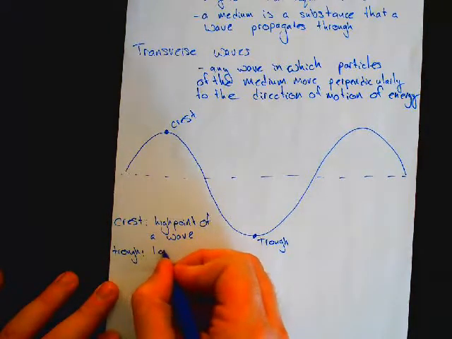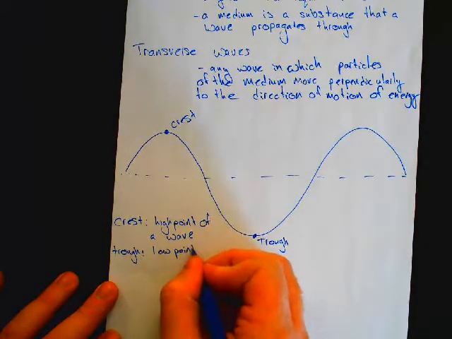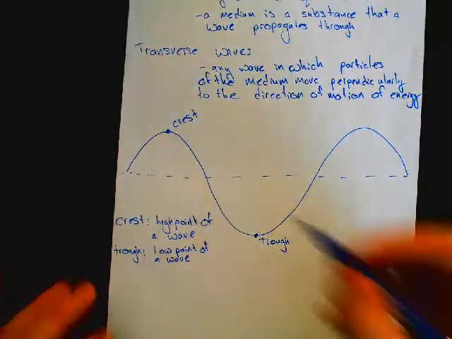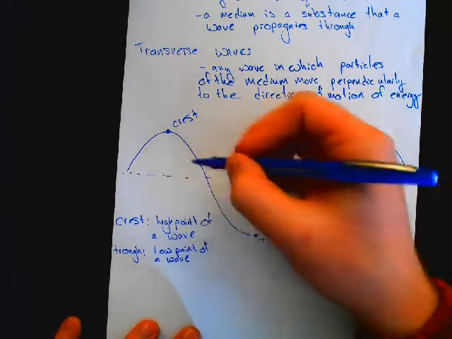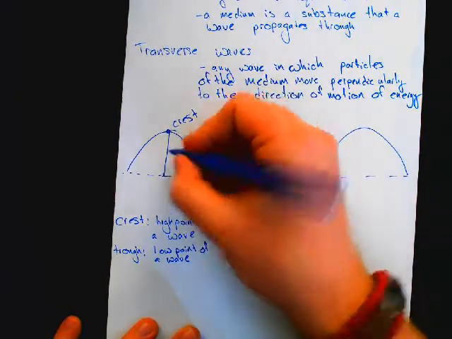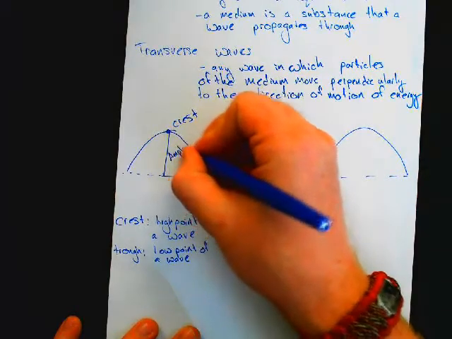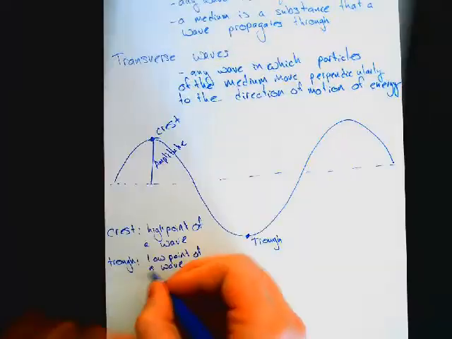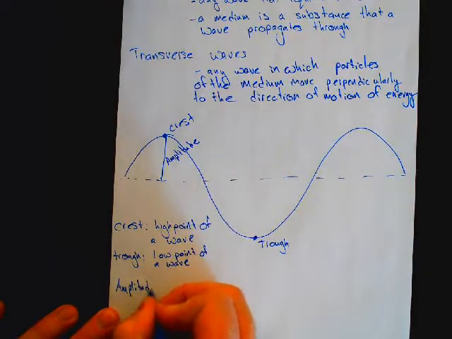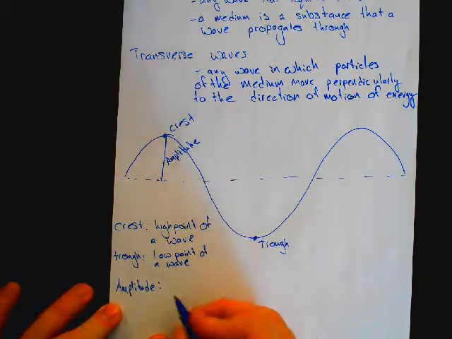Low point of a wave. And the distance from the median, or from the rest position, to the crest or to the trough is what we call an amplitude, which we can just say is the height of a wave.